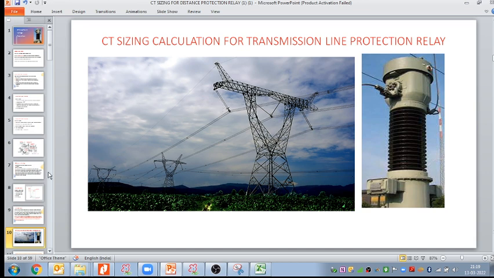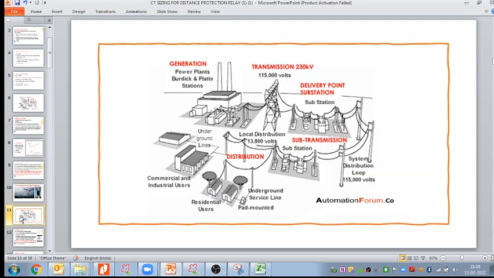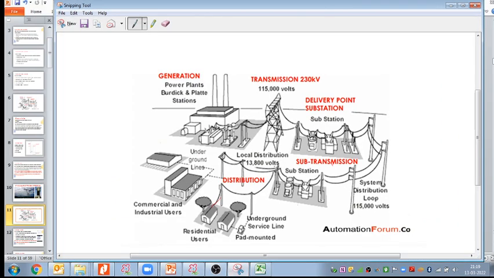Let us take the complete grid again. This is my transmission line, this is my generator, and from here this is my transmission line, then this is my substation, and this is again a transmission line.